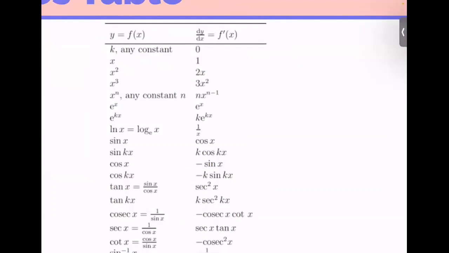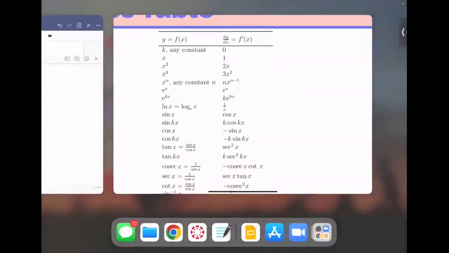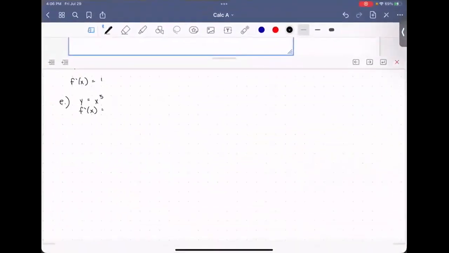So if we turn back to our page here, we know that if y is equal to x to the n, f prime of x is going to be n times x to the n minus 1.